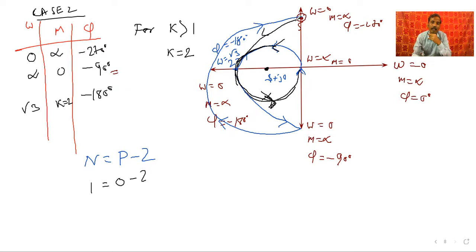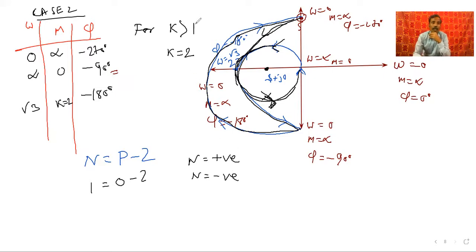And this direction is negative. So for one contour, N equals a plus value and for another a minus value.